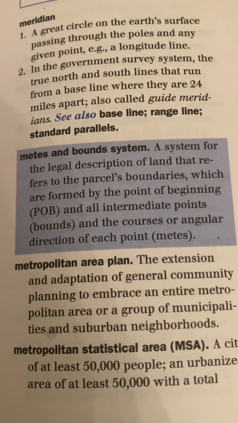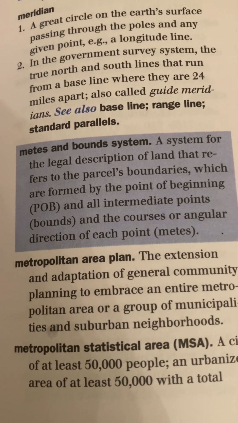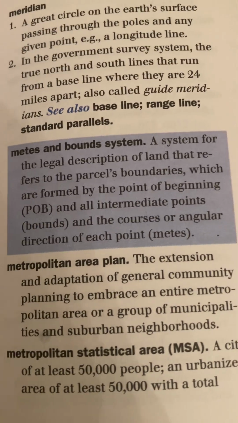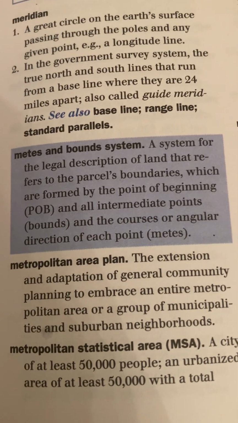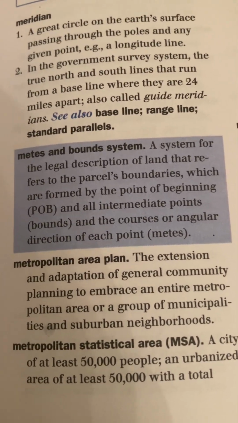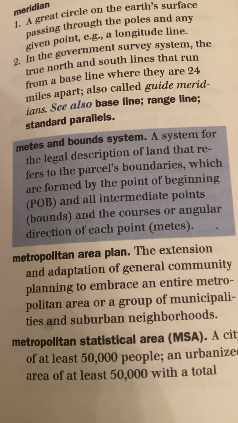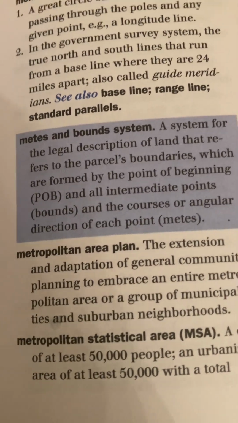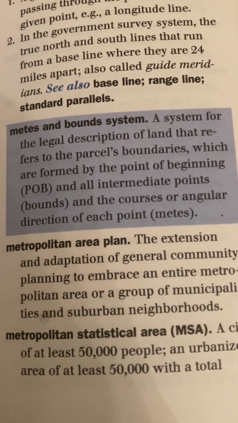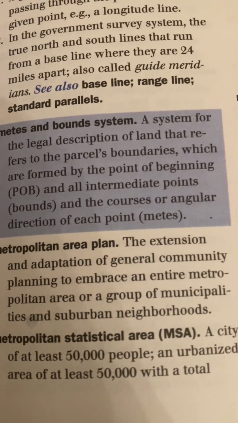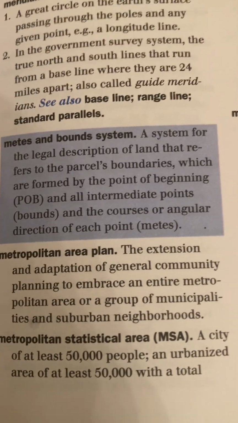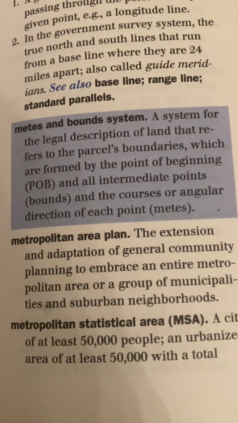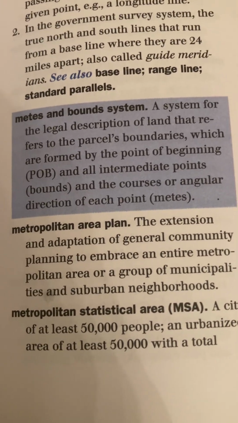Metes and bounds system. A system for the legal description of land that refers to the parcel's boundaries, which are formed by the point of beginning, the acronym is POB, and all intermediate points, bounds, and the courses or angular direction of each point, metes.